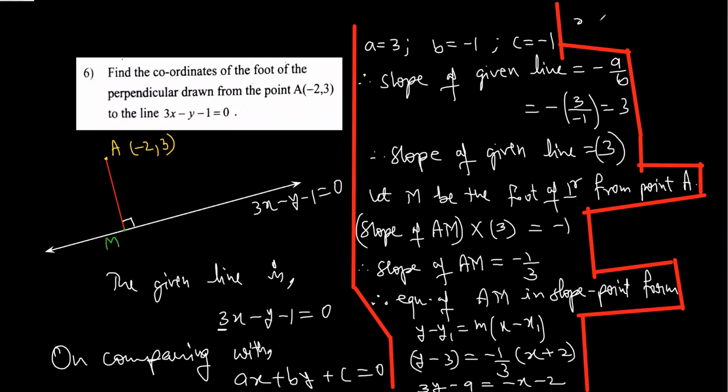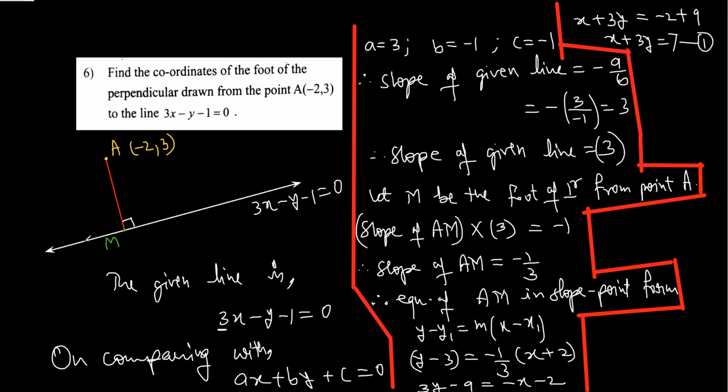So you have x plus 3y. You see this, x plus 3y. The negative x I take on the left hand side. So x plus 3y equals -2 plus 9. The 9 I take here, minus 9, so plus 9. So x plus 3y equals 7. This is equation number 1. That is the equation of AM.